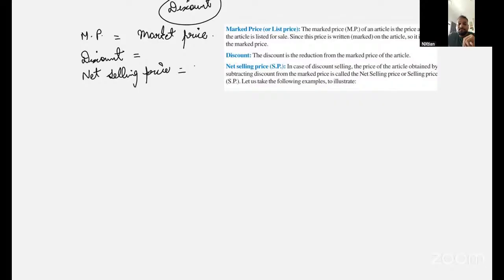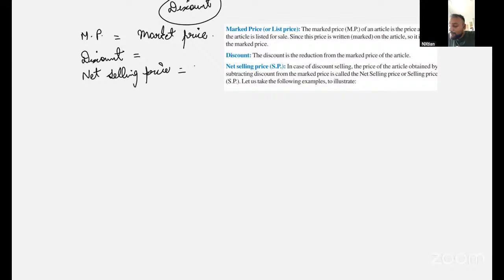That much discount. Only that time. Otherwise, every time I felt the Big Billion Days price was more than the normal day price. I don't know.